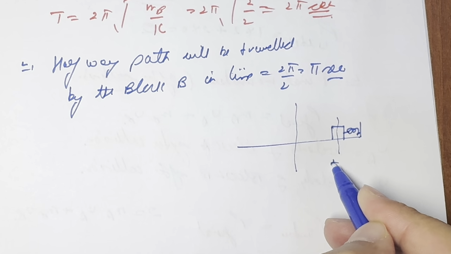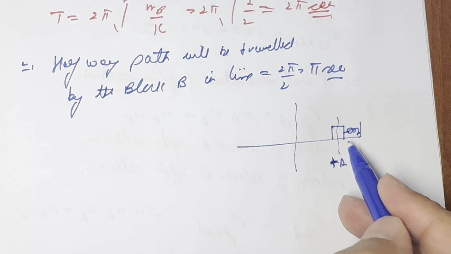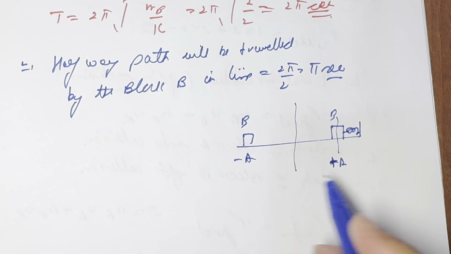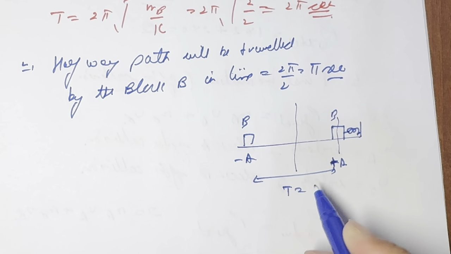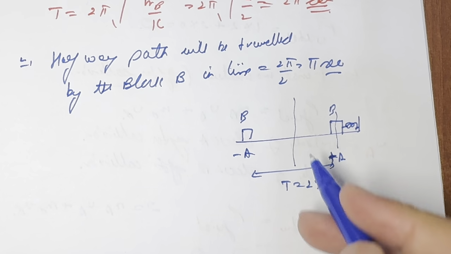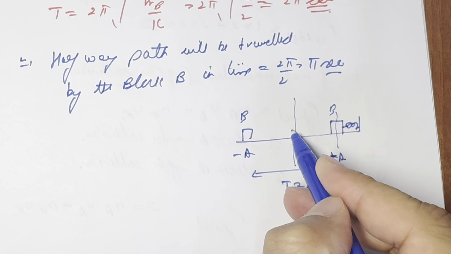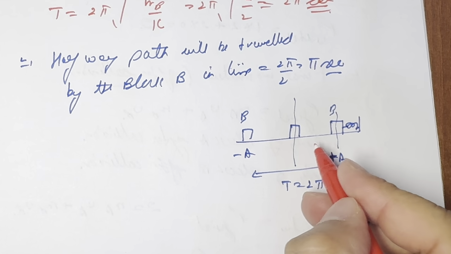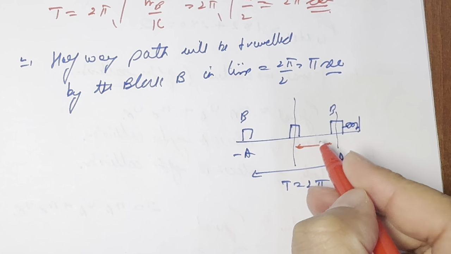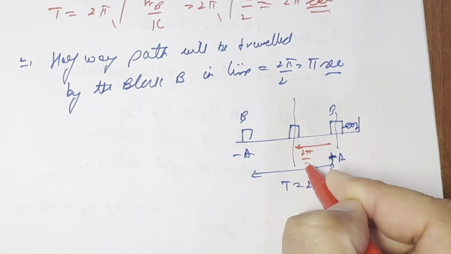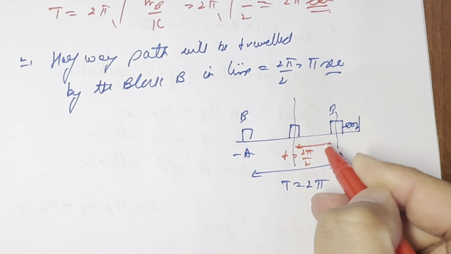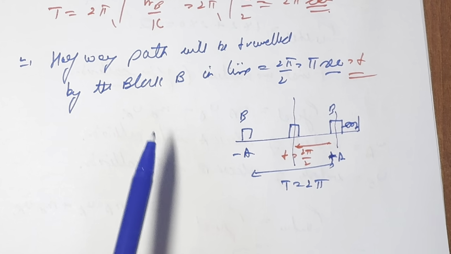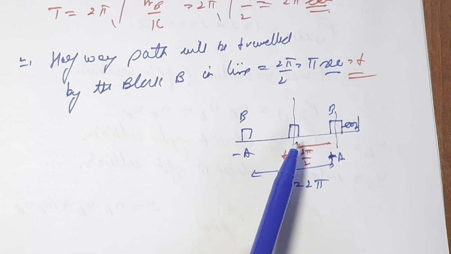Let us suppose this is plus A, then the block will travel from plus A up till here, that is minus A. This is the total time period T, which is given as 2 pi. But we have to find the first instant when block B is going to pass through the mean position. So this time will be half of the total time period, 2 pi divided by 2. Let us put here small t. So block B returns to its original position first time in pi seconds.